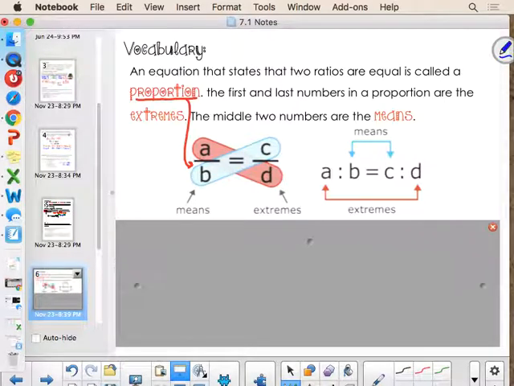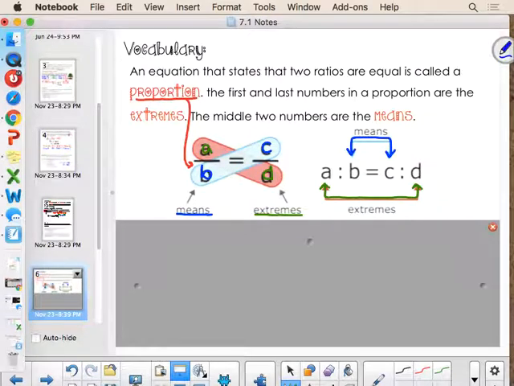When I have the proportion A over B equals C over D, the letters B and C are called my means. The letters A and D are called my extremes. When I create this in the colon format of a ratio, notice my extremes are on the outside. A to B is the same thing as C to D. And my means are on the inside.